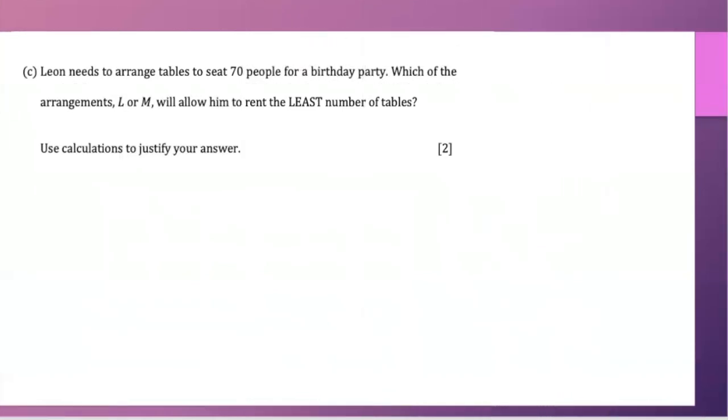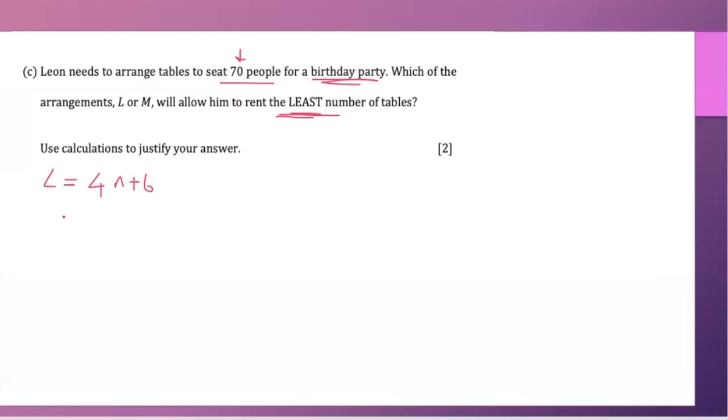For C, it states Leon needs to arrange tables to seat 70 people. So in other words, you need 70 chairs. And for a birthday party, which of the arrangements, L or M, will allow him to rent the least number of tables? So now we have to do a comparison. If I'm using arrangement L, L is 4n plus 6.